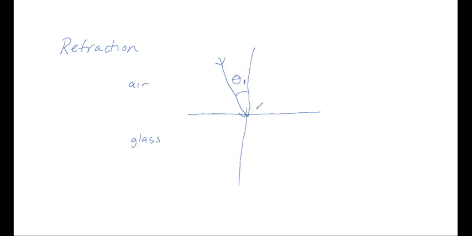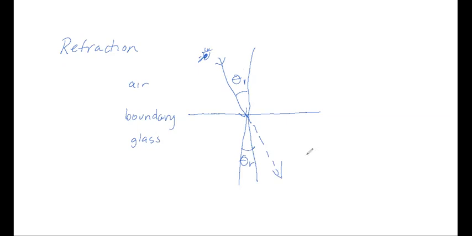Well, what happens if our secondary material, this is our boundary, is more dense than the first primary material? Our light ray will slow down when it encounters this denser material. And in doing so, it's going to bend towards the normal. We'll call this theta refracted. It's going to appear to your eye here to be going straight through.